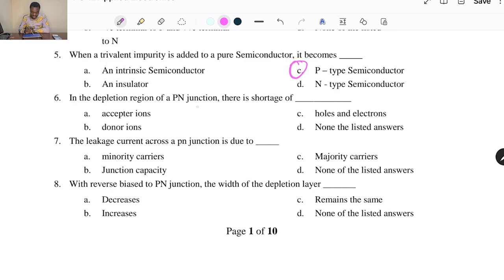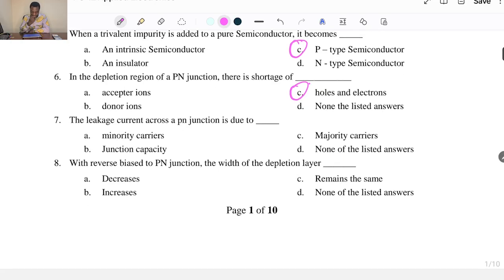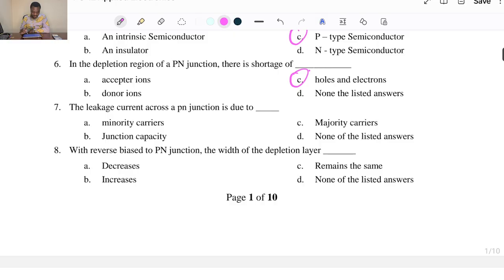In the depletion region of a p-n junction, there is a shortage of what? Holes and electrons, because remember we said the depletion region becomes depleted of electrons. So we have C. The leakage current across a p-n junction is due to, here we are talking about reverse current.